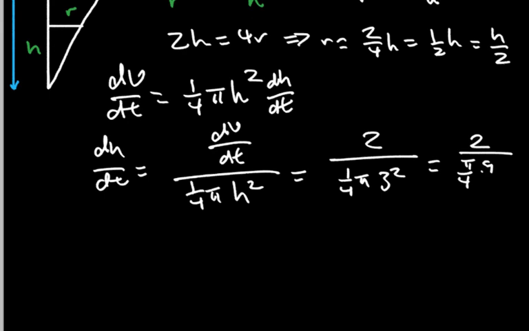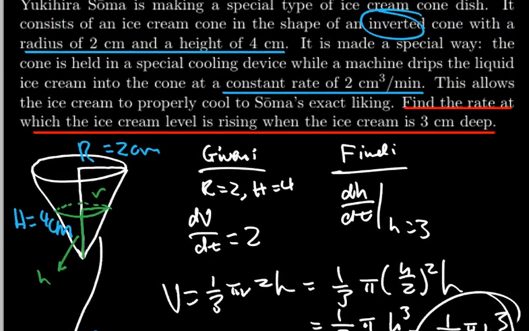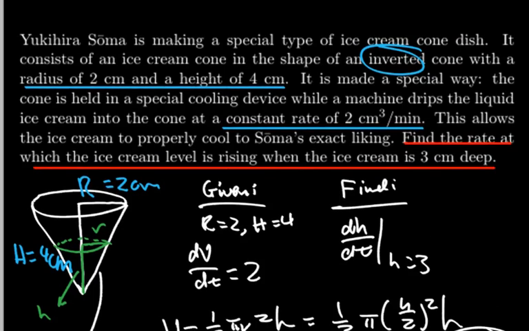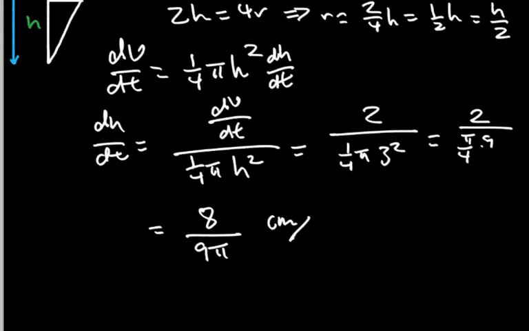If we just do that out to make it look a bit nicer, 2 times 4 is 8. We get 8 over 9 pi. And what are the units? dh/dt: h is in centimeters, t is in minutes. So centimeters per minute.